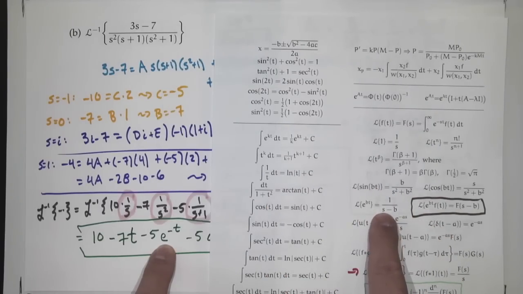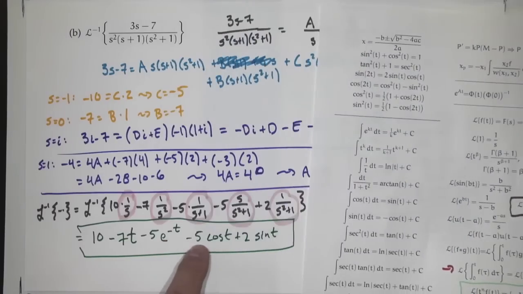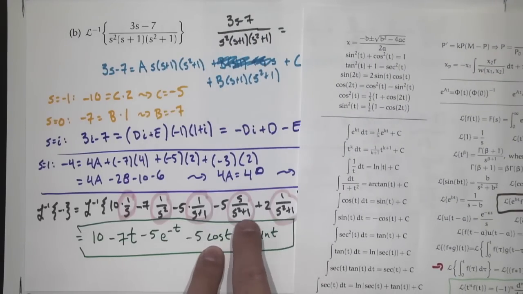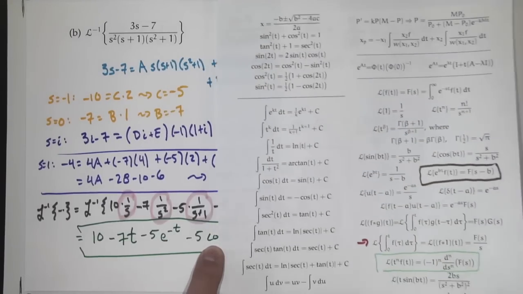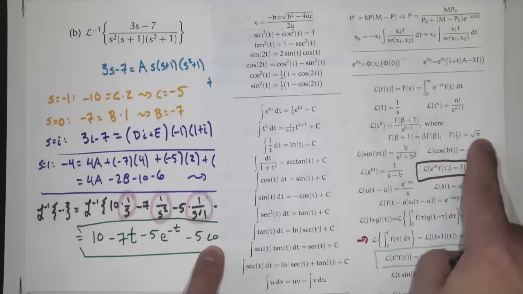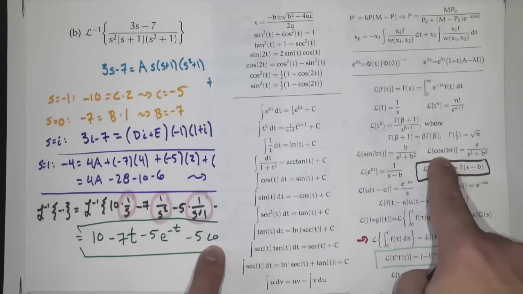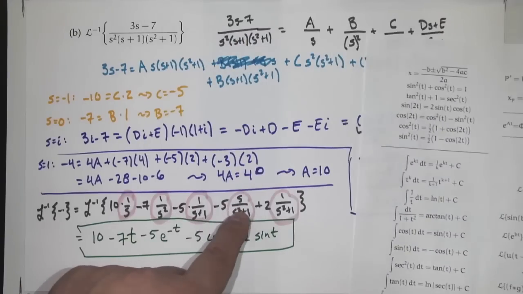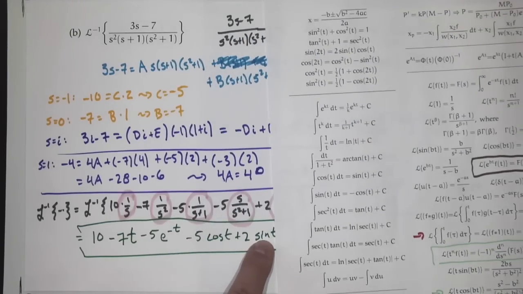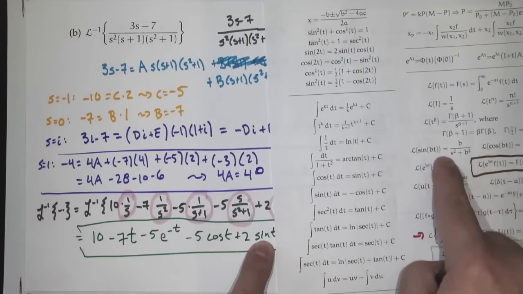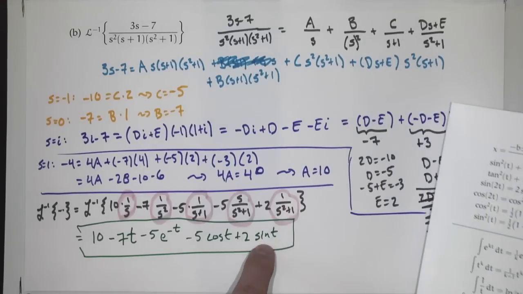So s plus 1 is s minus minus 1. So that would be e to the minus t. Now we're to s over s squared plus 1, and that's here. S over s squared plus 1 would be cosine t. So that's this piece. And then 1 over s squared plus 1 is here. So that's where we get the sine t.